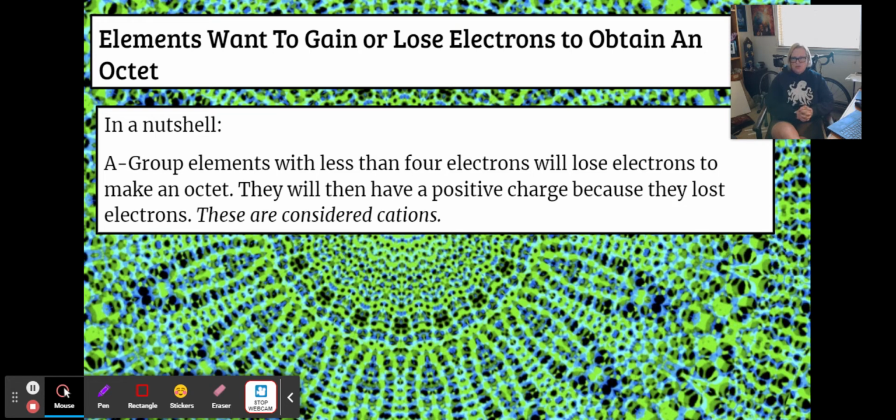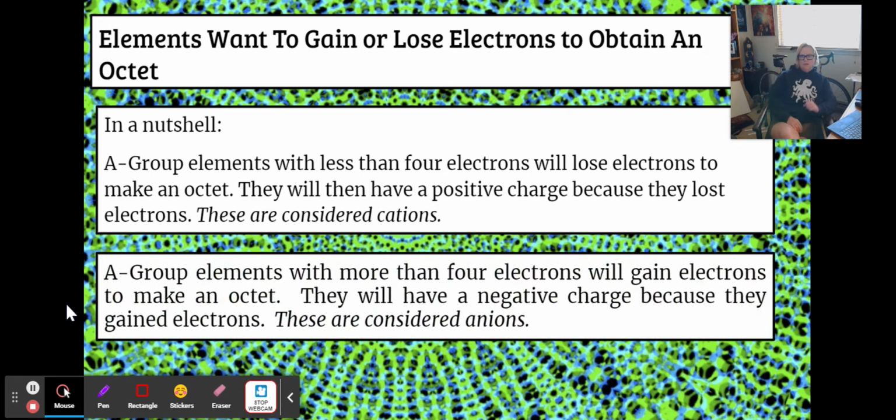In a nutshell, just know that A group elements with less than 4 electrons will lose electrons to make an octet, and however many electrons they lose, that will be their oxidation state. They will have a positive charge because they lost electrons, which are negative particles, and they are considered cations.